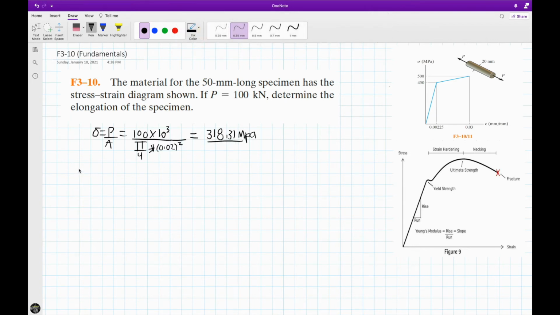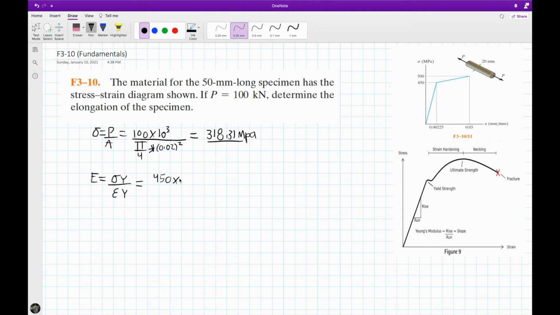Now let's calculate the modulus of elasticity, which we can do by using this equation, which is modulus of elasticity equals your yield strength divided by your yield strain. We have 450 megapascals.